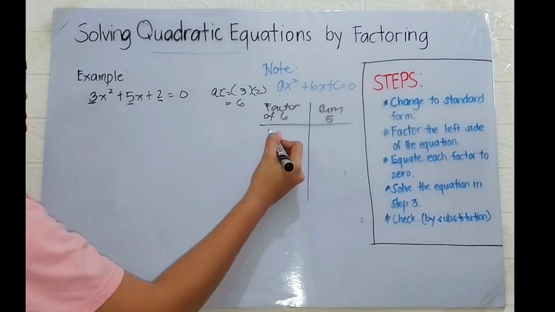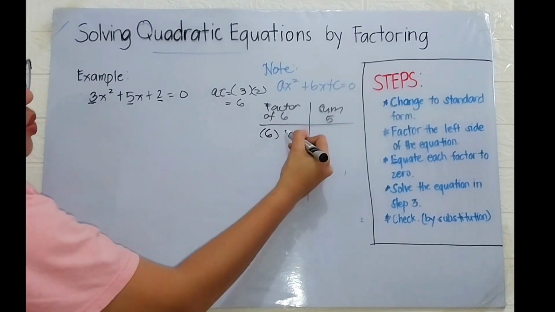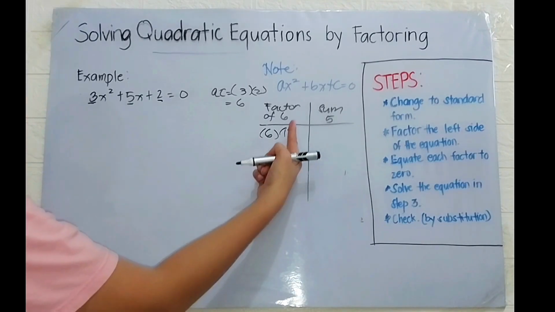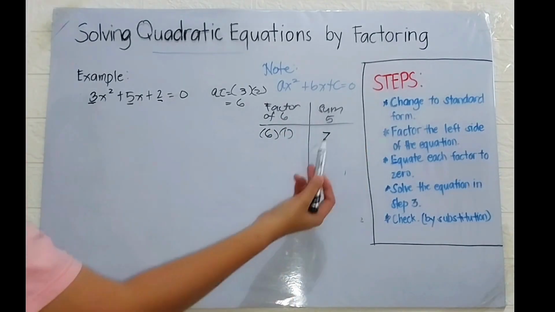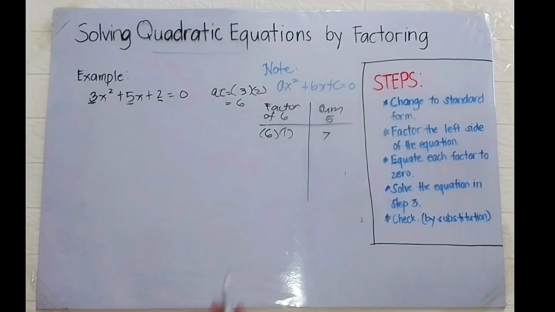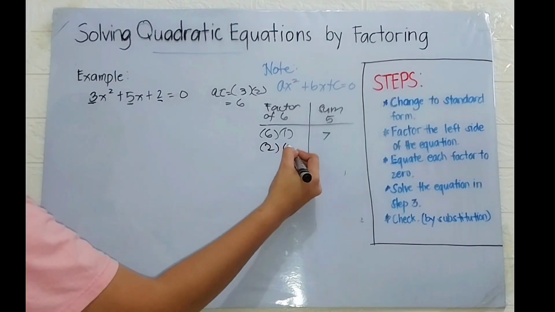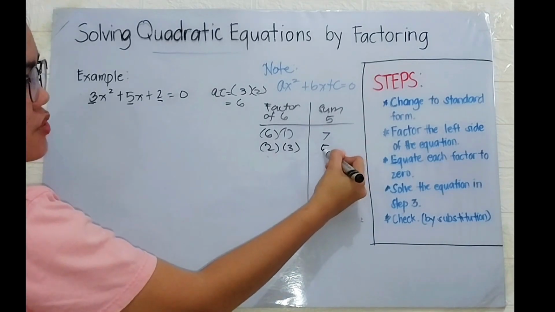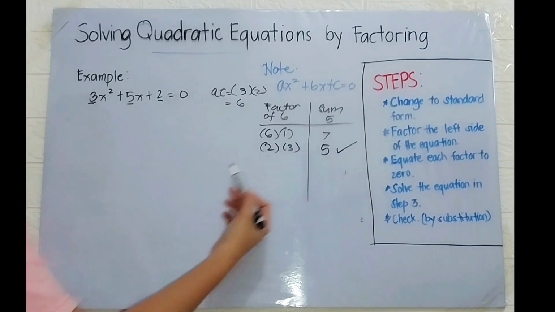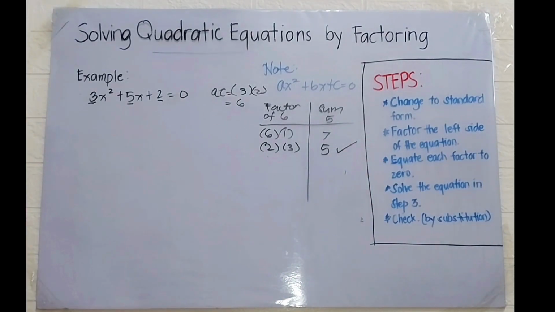Let's start with 6 times 1. 6 times 1 is 6. 6 plus 1 is 7. So, it's not the correct factor. What else? 2 times 3. 2 times 3 is 6. And 2 plus 3 is 5. So, we're going to use the 2 and 3 as our factors. Understood? But, it's not the same process as earlier.